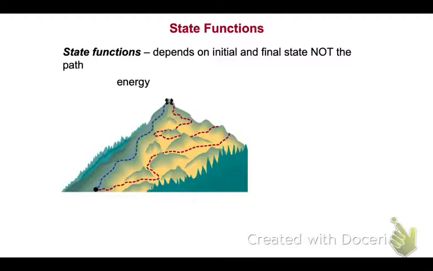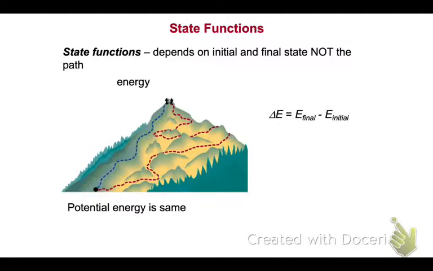Now remember, we do gain potential energy due to elevation. Since their start and end are the same, whoever took a longer path or a shorter path doesn't matter. The potential energy stored due to elevation is the same because the initial and the final are the same.